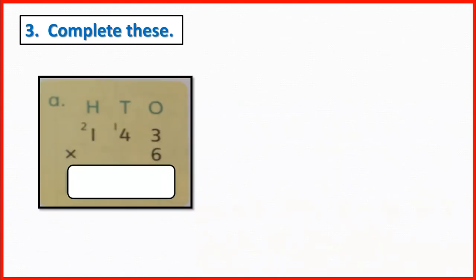Now I'm going to do question number 3 of page number 75. Complete these. The first one is 143 multiplied by 6. It may be necessary to convert both tens and ones. Let's multiply. First multiply the ones with the multiplier. 6 threes are 18. Too many ones. So write 8 in the ones column and convert 1 ten into the tens column above 4. Now multiply tens. 6 fours are 24.